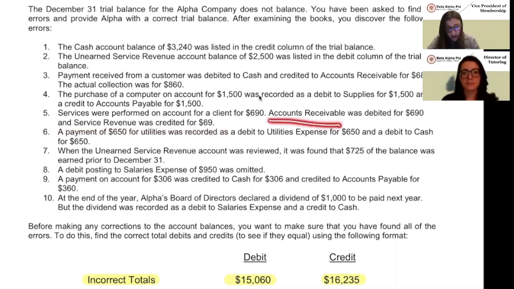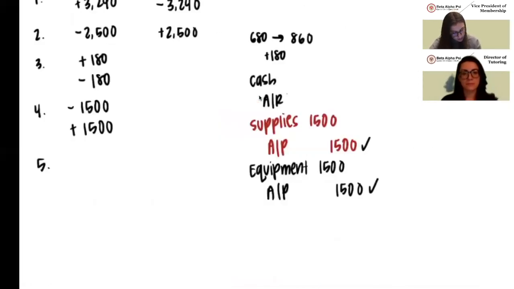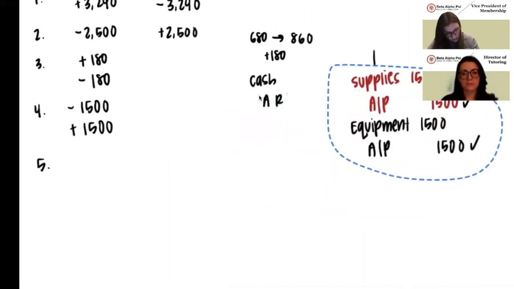So the debit to AR is correct and the credit to service revenue is correct. It's the numbers that are wrong. So the debit column was debited for the correct amount, just they forgot to put a 0 in the credit side. So let's find the difference between these two numbers and see how much more we need to credit into service revenue. So number 5, we'll move this.